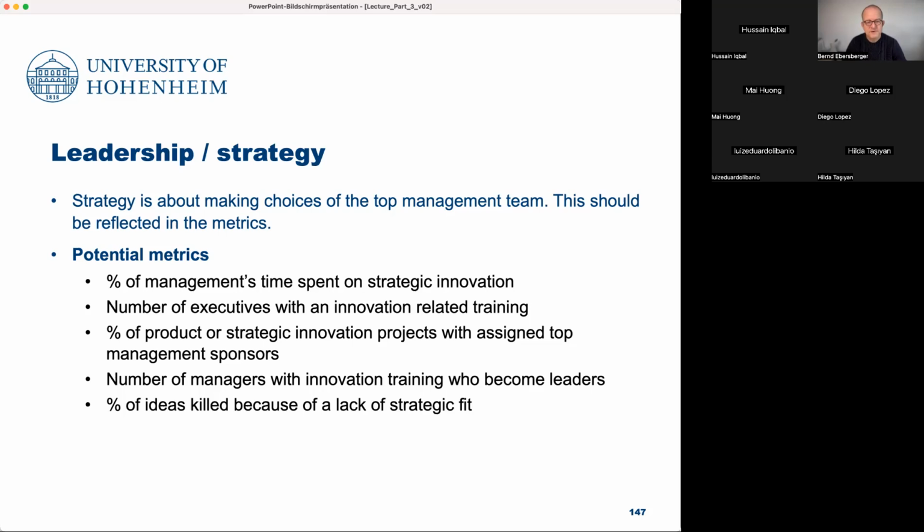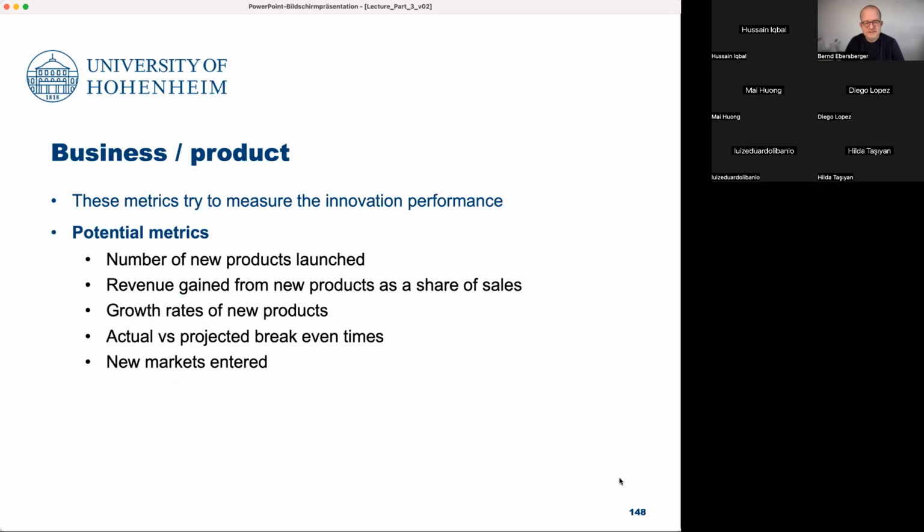Okay, wonderful. And of course, there is the last category, when it's about product, it's about processes, and it's about the business. These measures try to measure the innovation performance, so the innovation output: number of new products launched, revenue gained from new products as a share of sales, growth rates, projected break-even times, new markets entered.